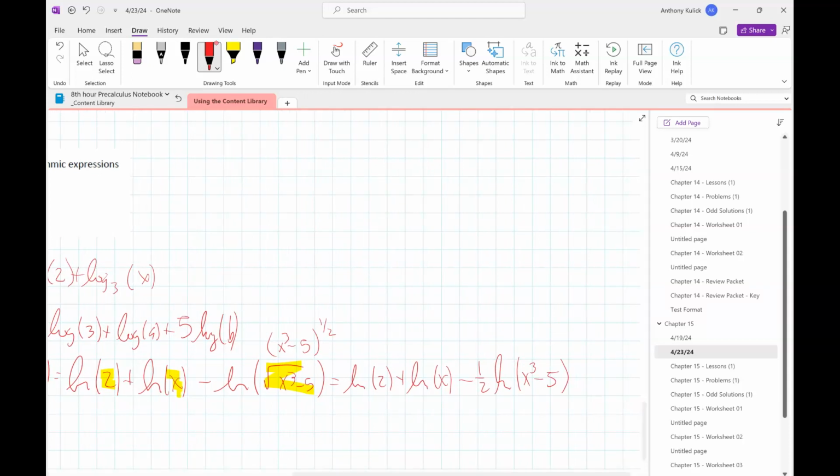Is everybody okay there? Important question. Why can't I do a power property on the x cubed? Seems like I should, right? It's because I don't have the entire thing to the 3rd power. If I had the entire quantity to the 3rd power, then I could use the power property.